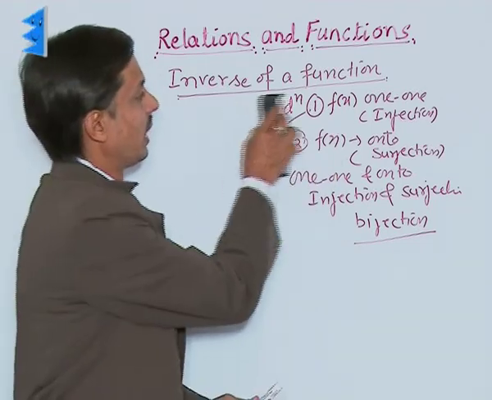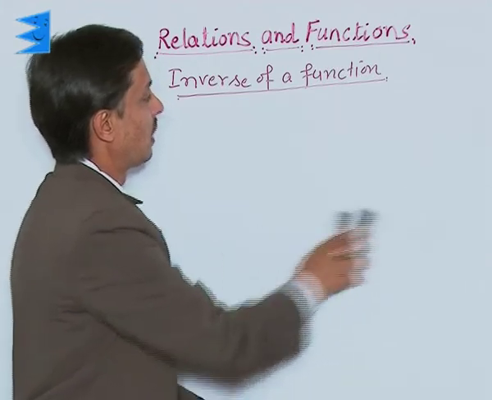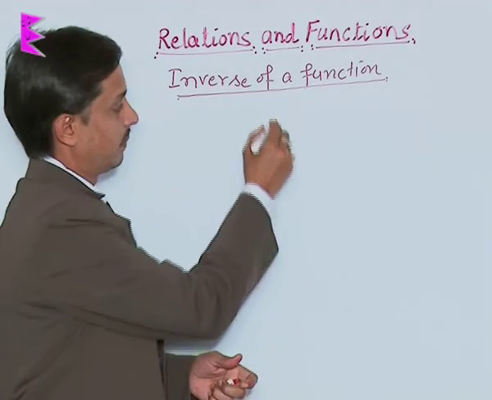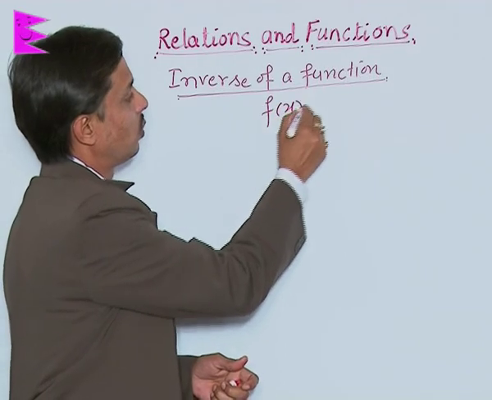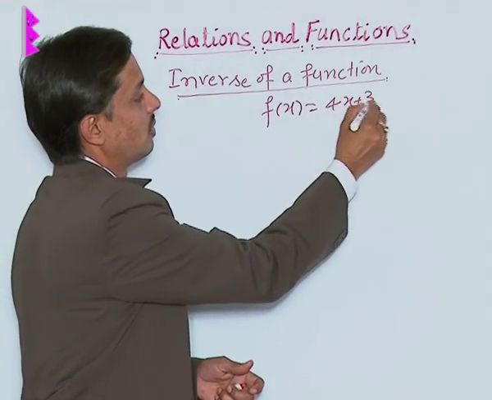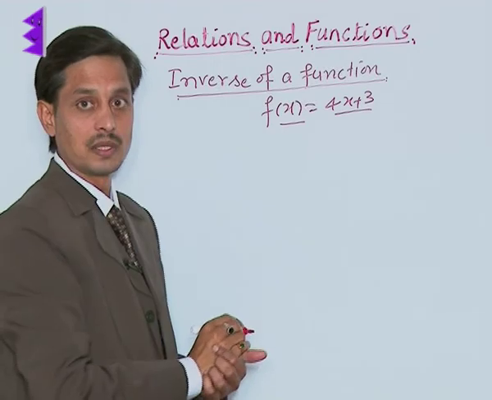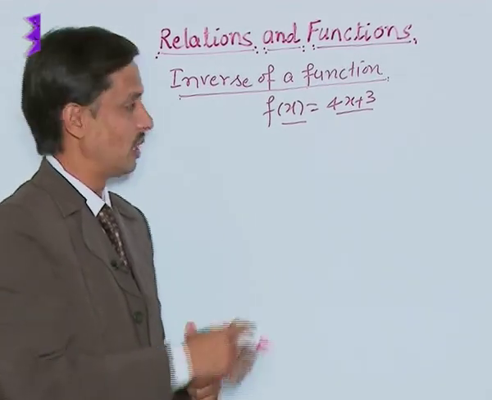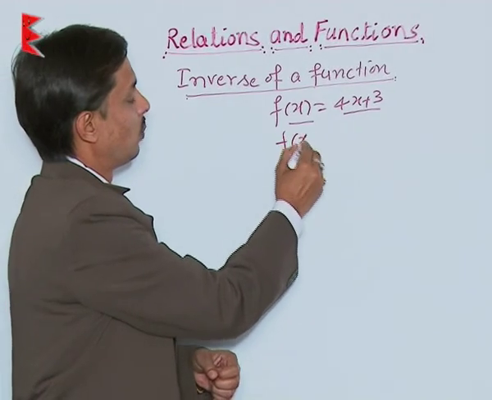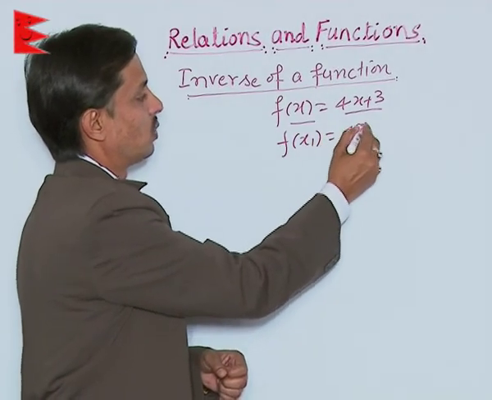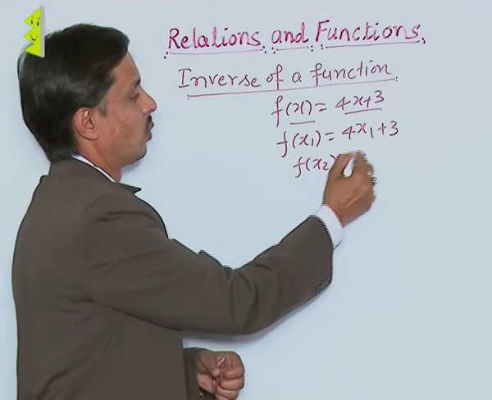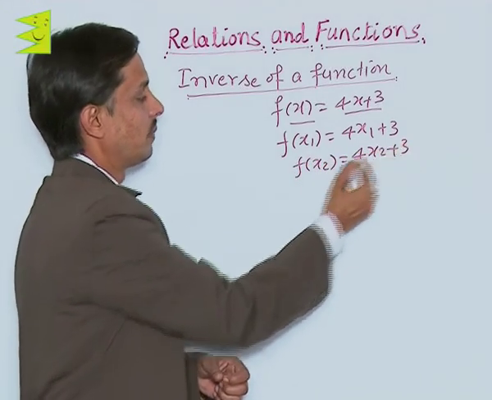I am taking an example. If a function f(x) is given as 4x plus 3, f(x) = 4x + 3, find its inverse. Before we find its inverse, we should prove it is 1-1. To prove 1-1, f(x1) = 4x1 + 3, f(x2) = 4x2 + 3.